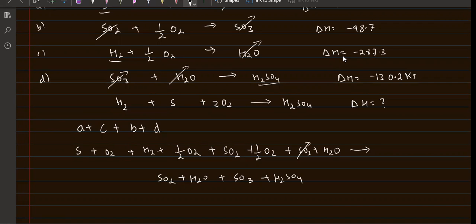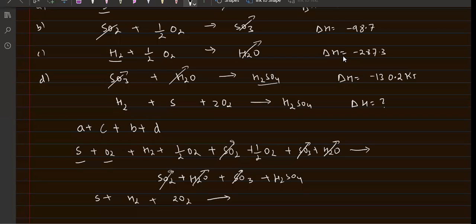So see, SO3 and SO3 will get cancelled, SO2 and SO2 will get cancelled, H2O and H2O will get cancelled. You are left with S plus O2 plus half O2, and this half O2 will give 2O2. So you are left with S plus H2 plus 2O2 gives H2SO4.